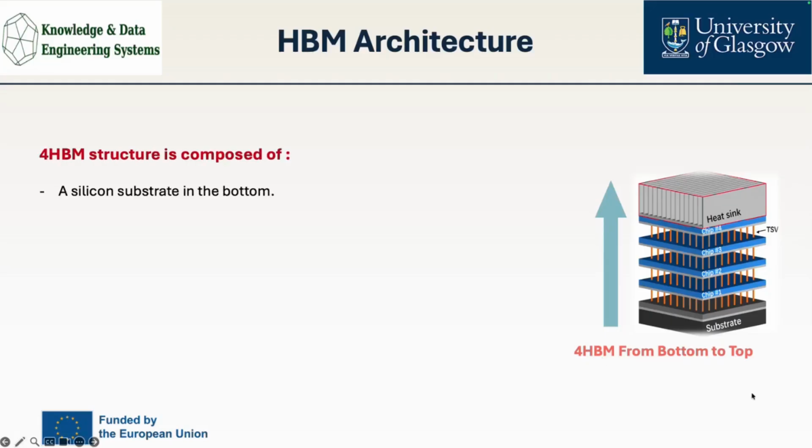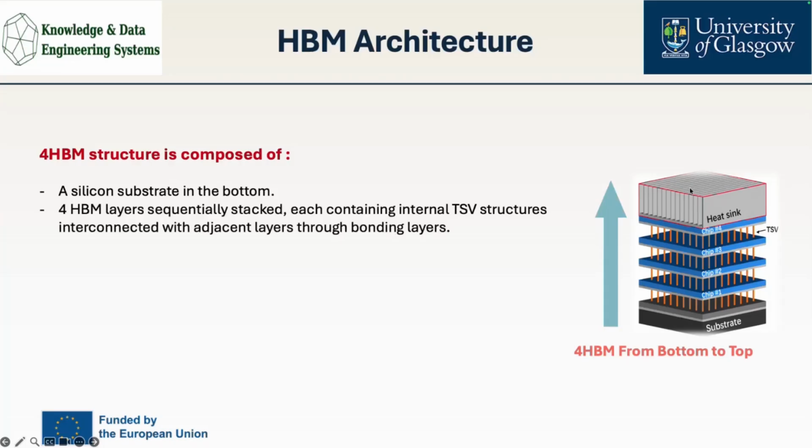At the first, from the bottom, we have a silicon substrate. Then we have 4 chips or memories. These chips include through silicon via structures in each chip, and these memories are connected with each other through bonding layers.